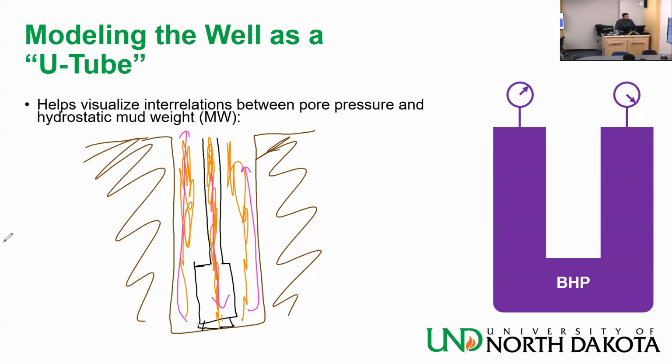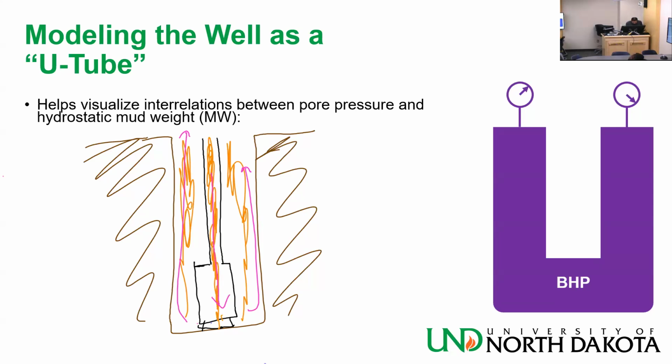The U-tube model has the left leg to indicate what happens inside the drill pipe, and the right leg to indicate what happens in the annulus. Between the legs is the bottom hole pressure.